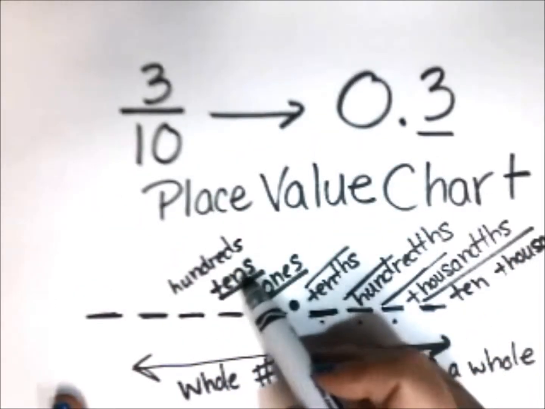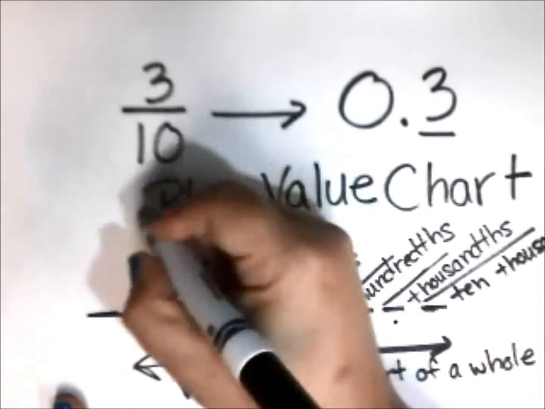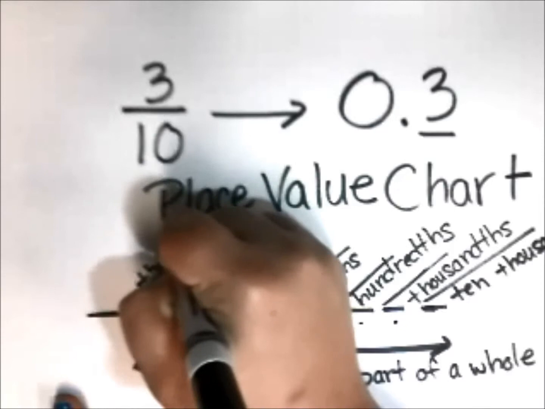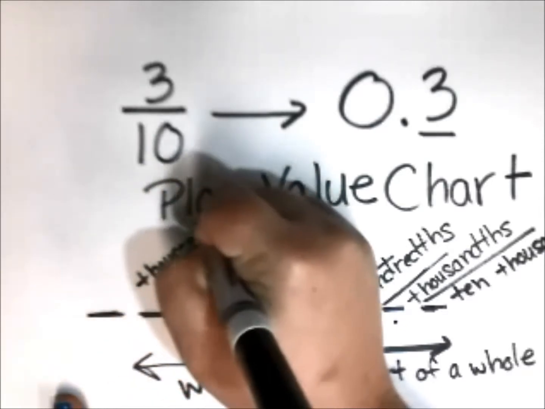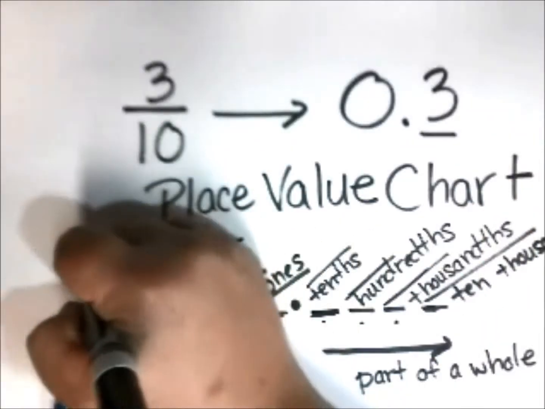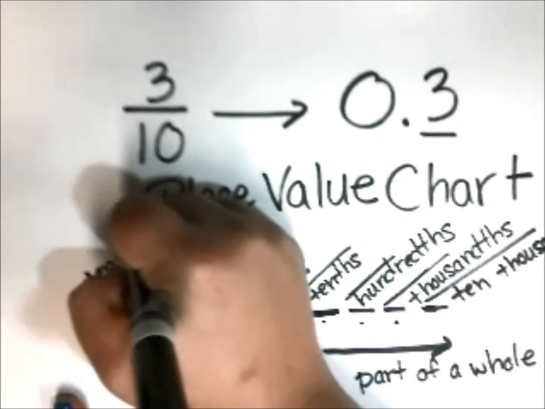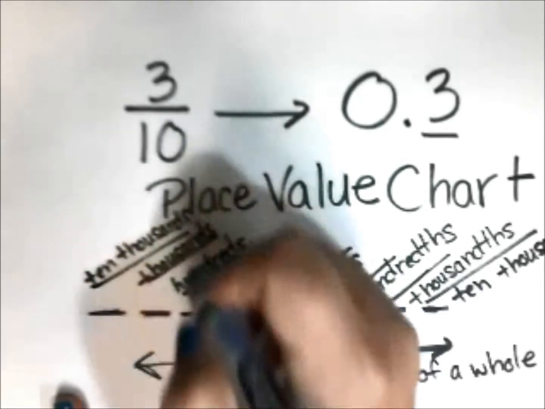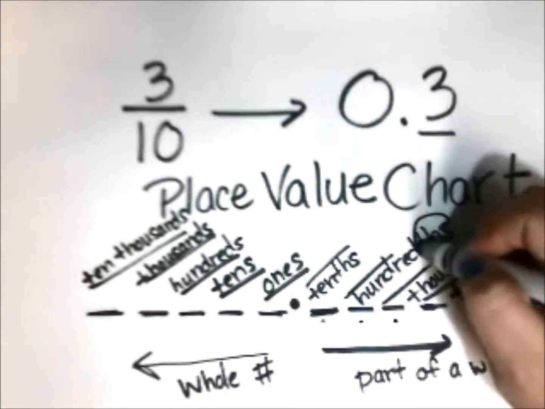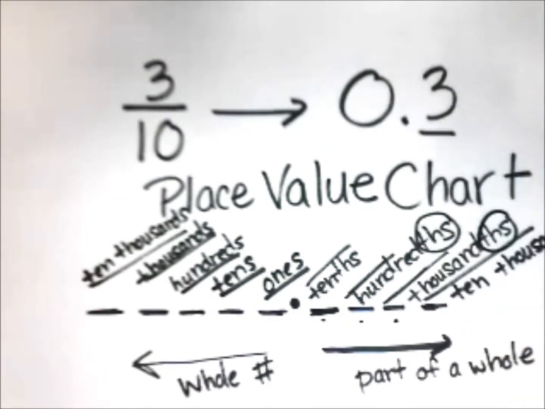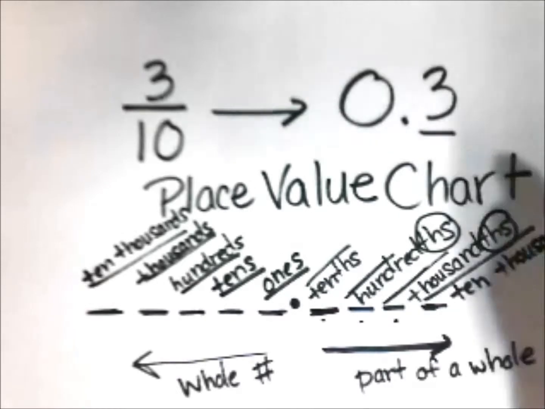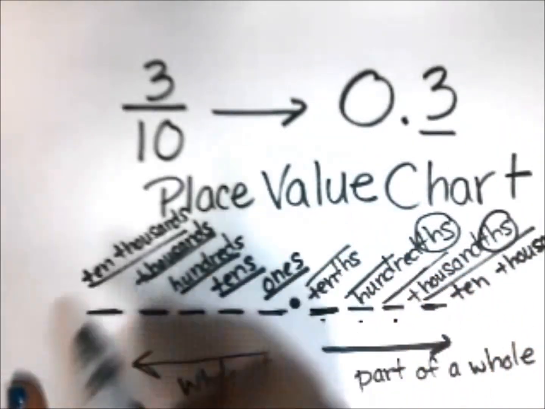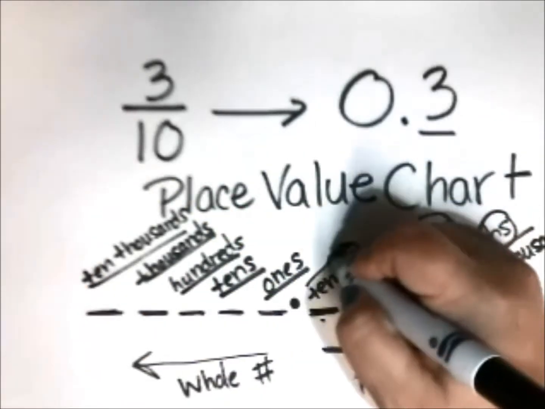Notice there's no THs at the end. This is our thousands place. And this is our 10,000s place. So if you see the THs at the end, that means less than 1. And if you don't see that, it means more than 1, or a whole number.